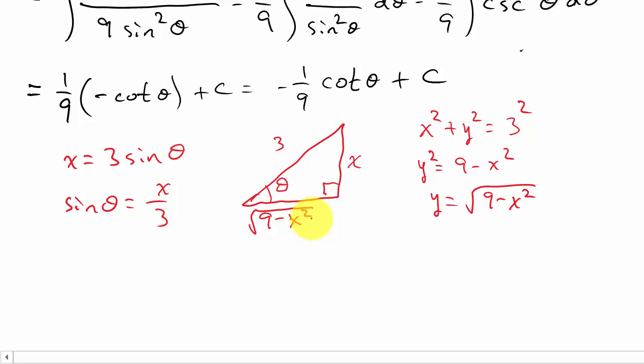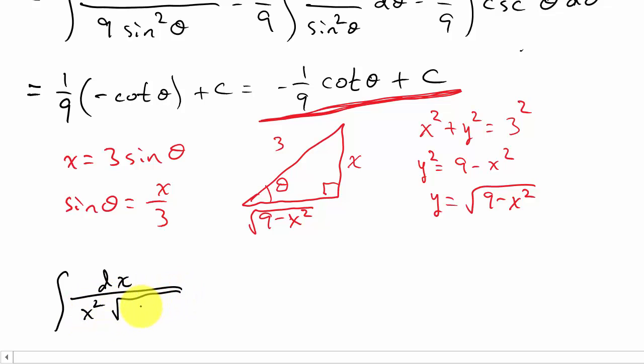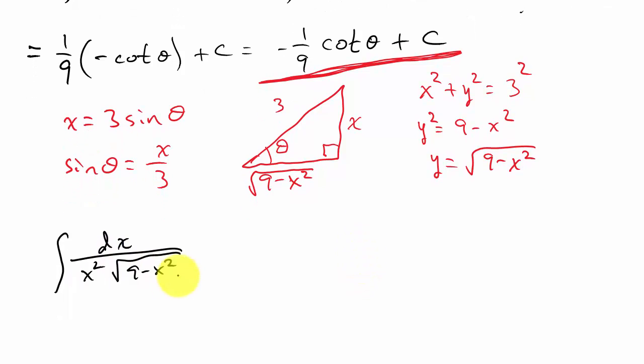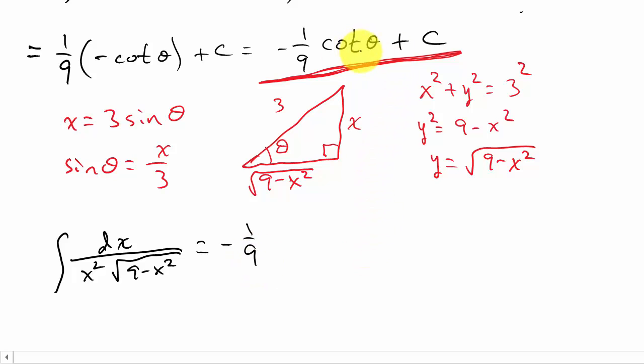Now I have to substitute all this into my answer. The integral of dx over x squared times the square root of 9 minus x squared, my original problem, equals negative 1/9 times cotangent theta.